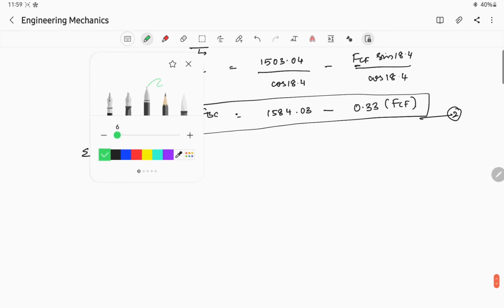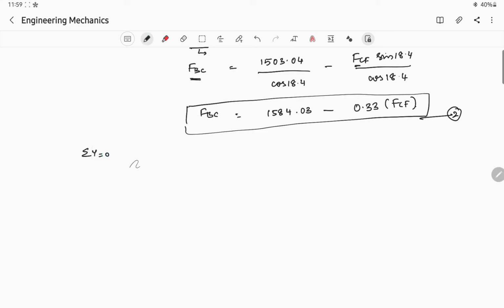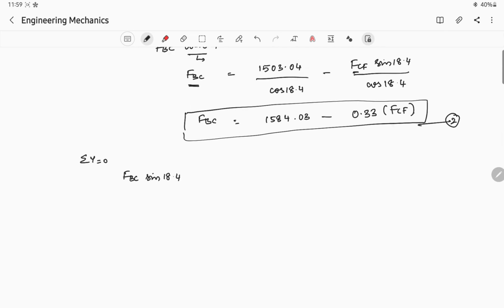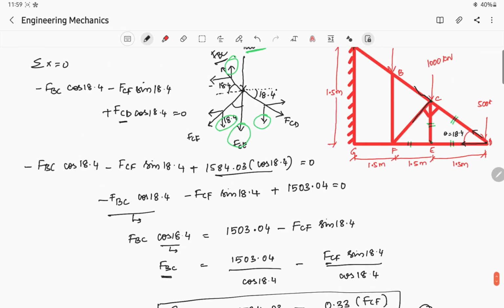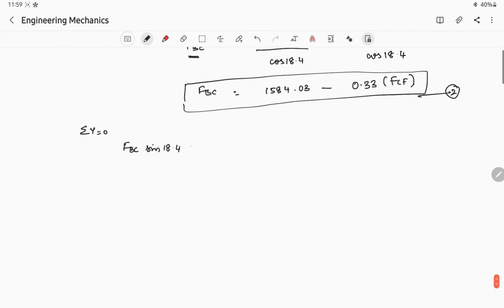So I'll write here FBC sin 18.4. This one we have completed. Next we have, how many downward forces are there? This is downward force minus FCF cos 18.4, right?